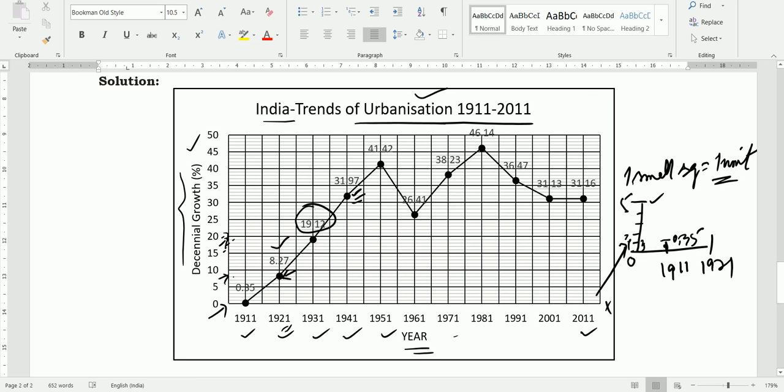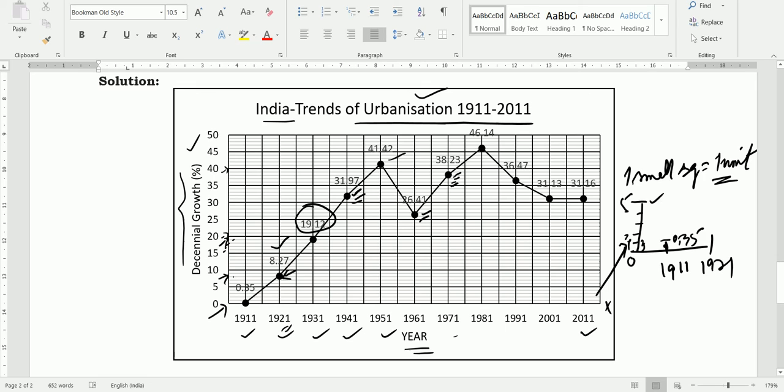Then here we have 41. 40 is here, then 41.42 for the year 1951. Likewise, for the year 1961 we have 26.41. 25 is here, then 26, then 0.4, a little above 26. Likewise we have 38.3: 35, 36, 37, 38.